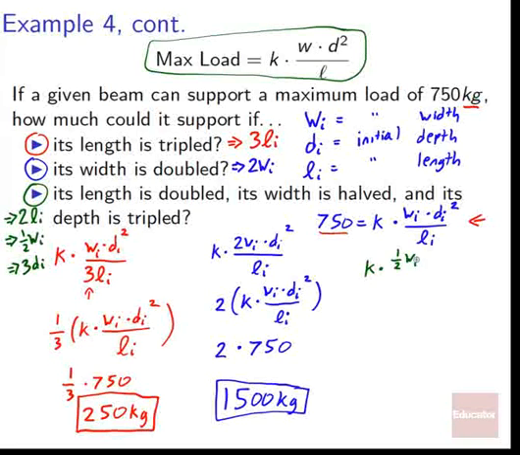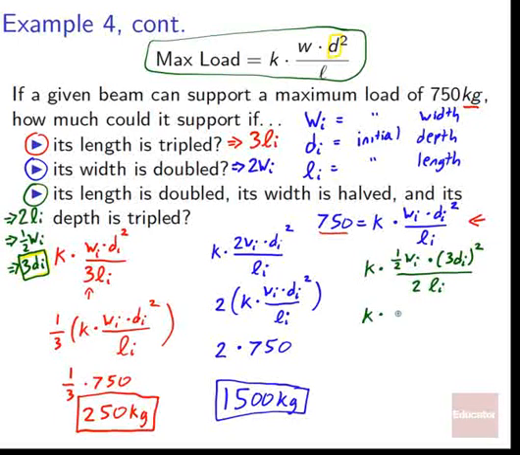We're using 1/2 Wi times d. What's our new d? It's 3 di, and this is important. So remember, we're not plugging in for just 3 di squared. We're plugging in all of this. It's what all the new depth is. And the new depth is 3 di, so it goes in parentheses, 3 di squared, so that 3 is going to get squared as well, divided by 2Li.